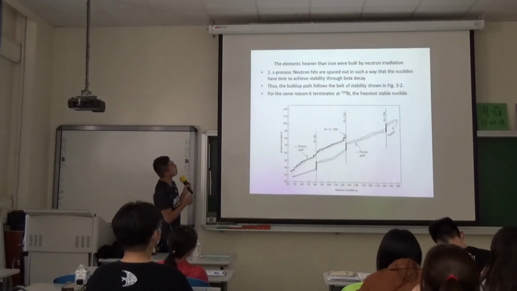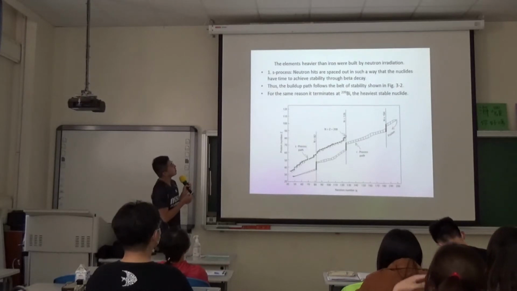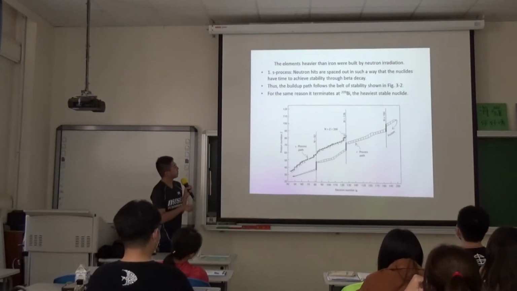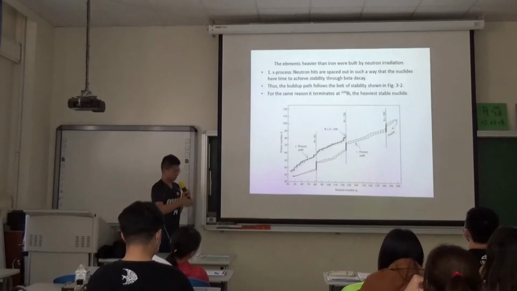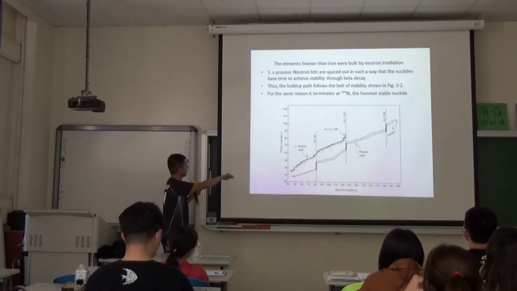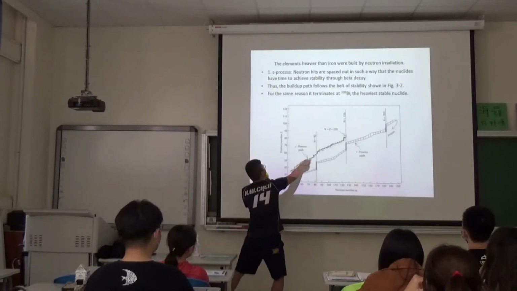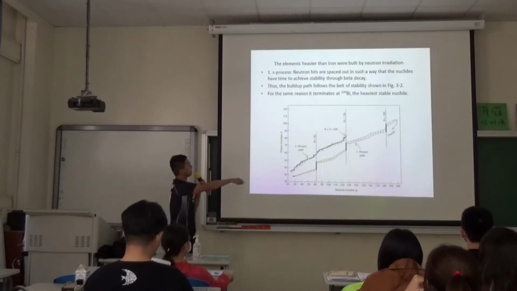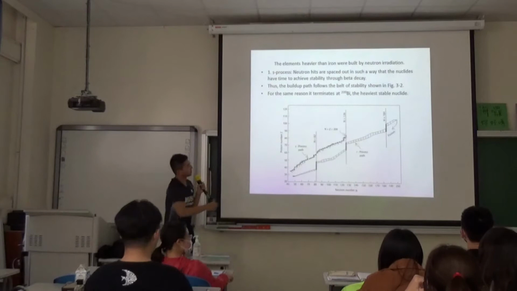Neutrons are spaced out in such a way that the nucleus has time to stabilize through beta decay. Thus, the build-up phase follows the valley of stability shown in this figure.